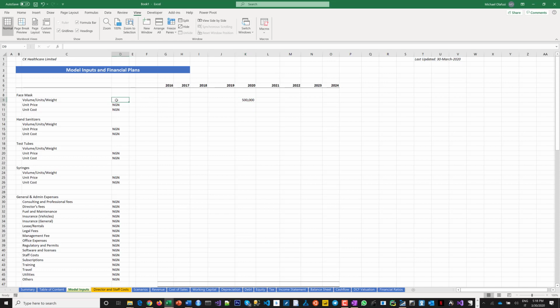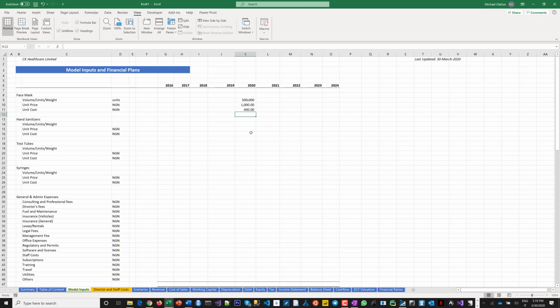So this is going to be in units. And then for unit price, each face mask retails for 1,000 naira, but then the cost price for the raw materials and the cost of producing that face mask maybe goes for 400 naira.